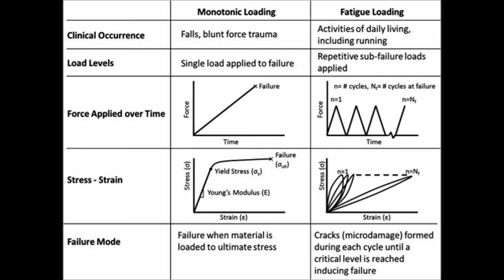The stress strain curve is similar to that of a normal load deformation curve, and its failure mode is failure when the material is loaded to ultimate stress. So when we monotonically apply a single load to our bone, the bone will not fail or fracture if the load applied is well under the ultimate stress. It will only fail if the ultimate stress point is reached.